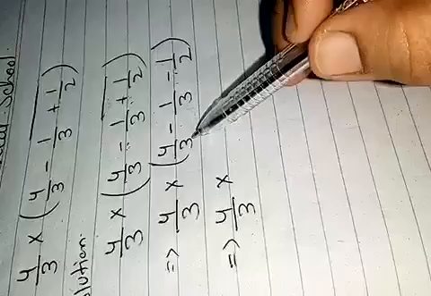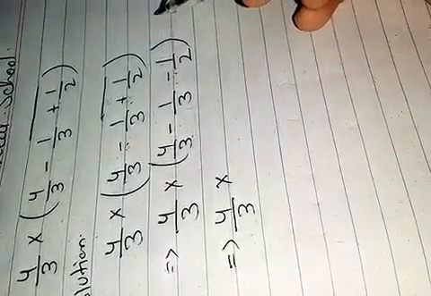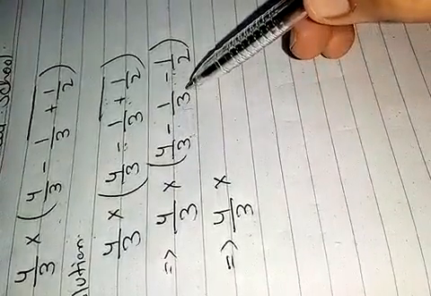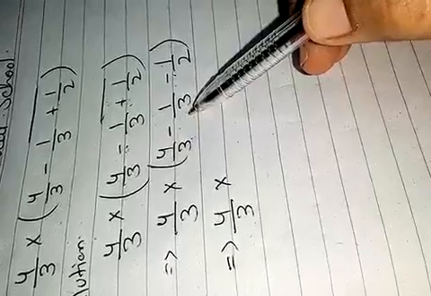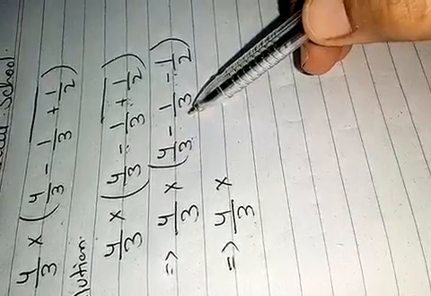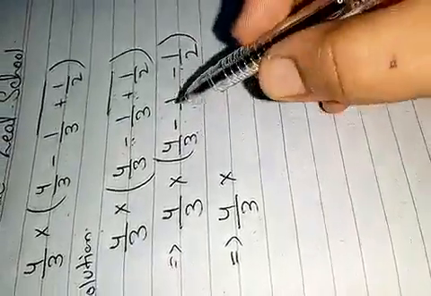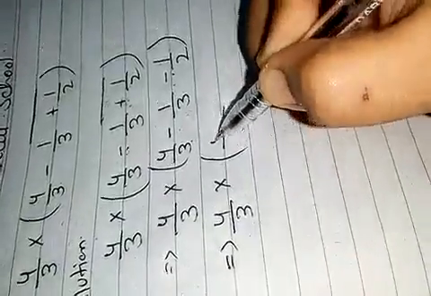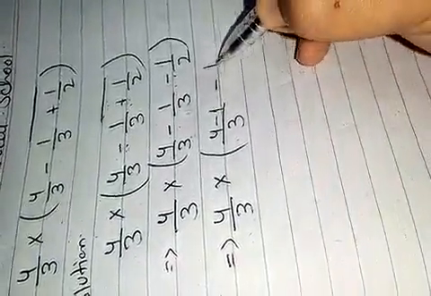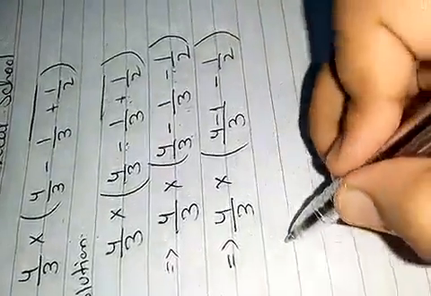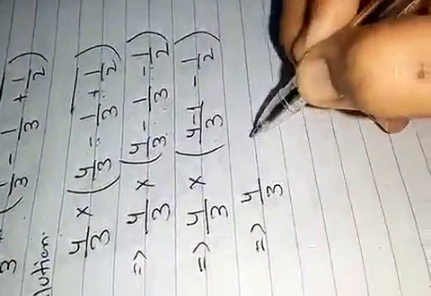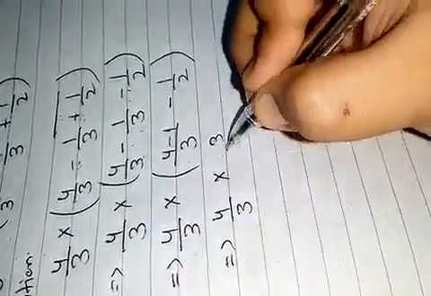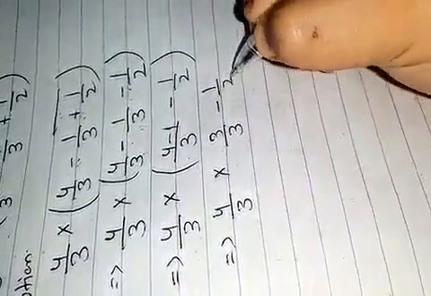When we do addition and subtraction in fractions, we need to make the denominators the same, and in this part the denominators are the same. So we write the denominator as it is, 3, and 4 minus 1, which is 3 upon 3, minus 1 upon 2.